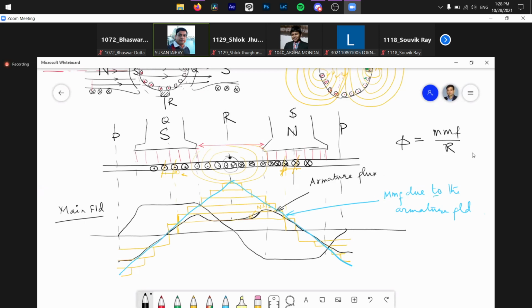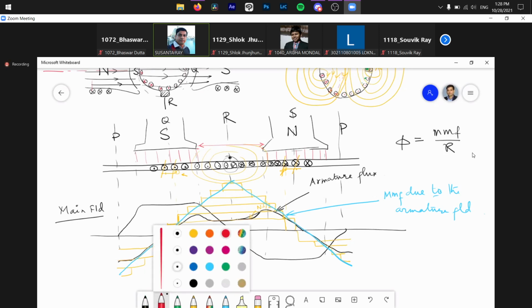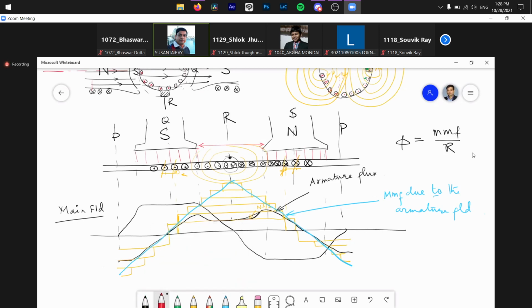Now if I try to draw the resultant, how will it look? Because the armature reaction will be the resultant of the main field flux and armature flux. So that will be your armature reaction, the interaction between two fluxes, main field flux and armature flux. How will it look? If I try overlapping these two fluxes together, suppose at this point I am taking these two values.